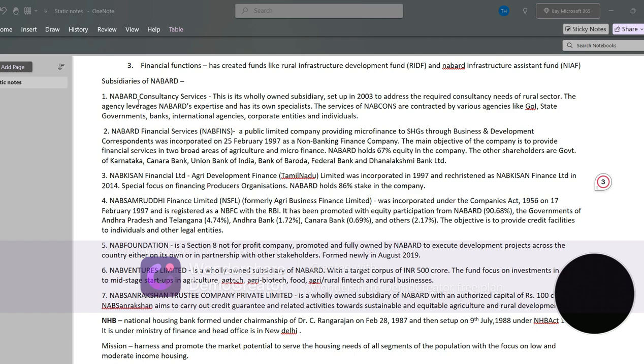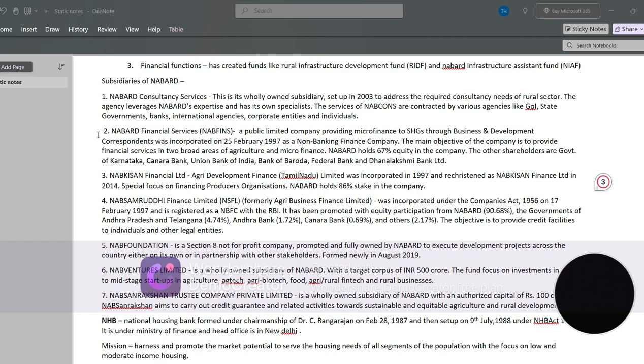It is in short known as NABCONS, and its services have been taken by agencies like state governments, banks, national and international agencies, corporate entities, etc. It provides its expertise through its own specialists, offering consultancy to the rural sector.